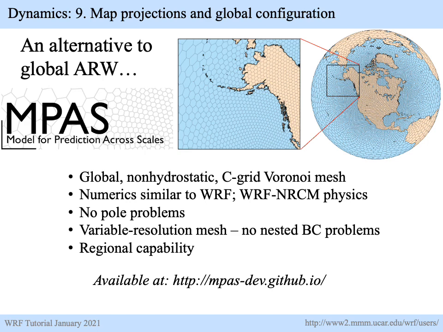But it also allows for variable resolution. You can generate your own variable resolution meshes to embed refinement, and that mesh very smoothly, and it performs significantly better for simulations where you want to add refinement compared to the approaches used in WRF, specifically the nested grid approach. So MPAS is available.